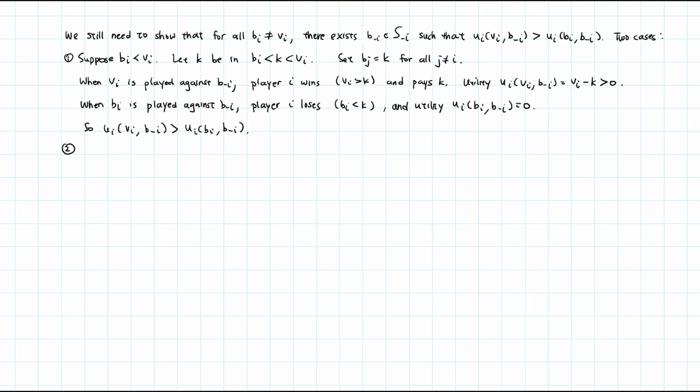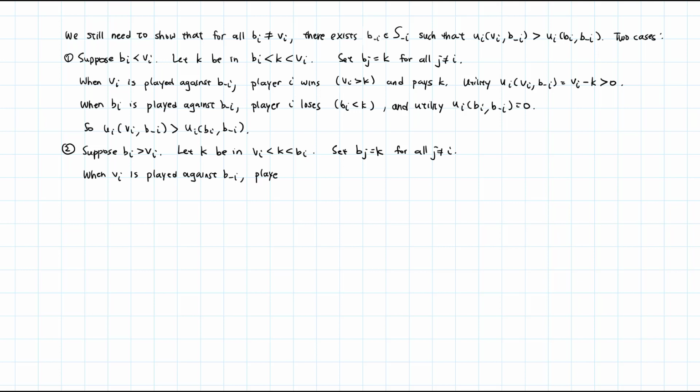For the second case, suppose that BI is strictly greater than VI. Can you find a situation where playing VI is strictly better than playing BI? We let k be a number that is greater than VI but less than BI. And we set bj to be k for all j not equal to I. When VI is played against B-I, player I loses because VI is less than k, and the utility is 0.